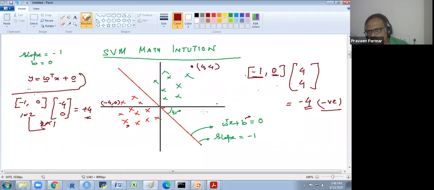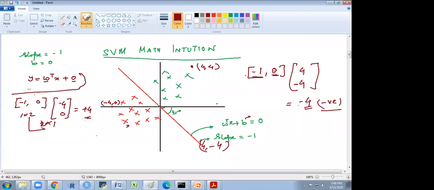So whether the y is negative or positive does not matter. Even if it is minus 4, minus 4 into 0 will be 0 always. But you will get the negative always. Does that make sense to everyone? Yes, sir. Here we are getting positive, here we are getting negative always. Okay.